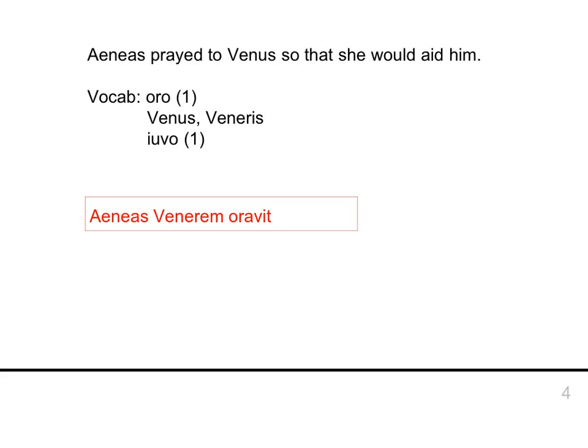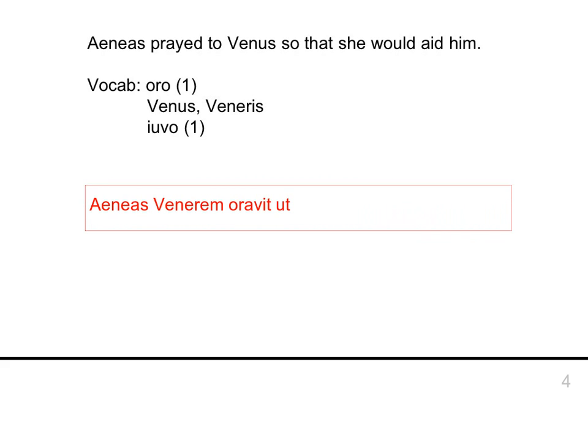So that, well, that's it, and that's going to be a purpose clause. So now the only thing that's going to be difficult here is finishing up the second half. And "she," because we are changing subjects, we are going to have to list the new subject, which is ea, "she," and then "him." Anytime you're referring back to the subject of the original sentence, we have to use the pronoun se.